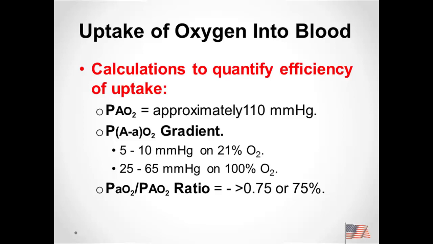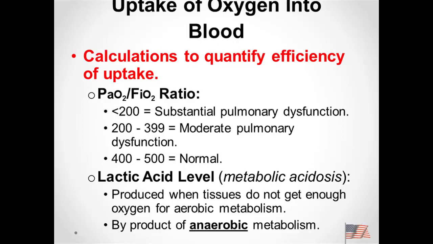We also know that there's different ways we can evaluate. If I told you the patient's PO2 was 90, your first question should be, well, what FiO2? Because if it's 90 on room air, okay, fine. If it's 90 on 80% oxygen, whoa, time out. It ain't good. How would I know that? I could look at the PF ratio. And what we can also look at, especially in patients that are cardiovascularly compromised, is the lactic acid.